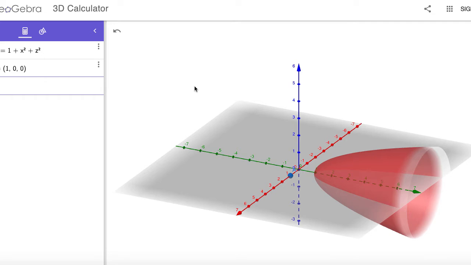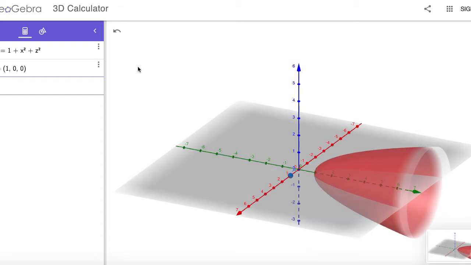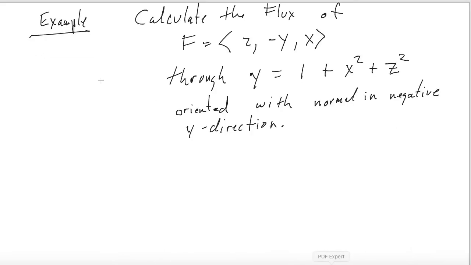All right, so if we look at this, let me actually just capture. And then let's come back over here. Where are we at here? Here.